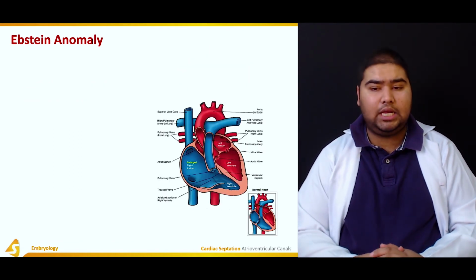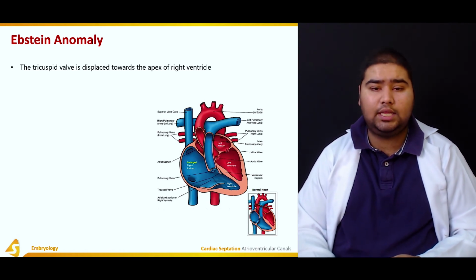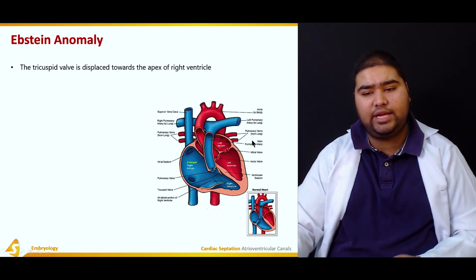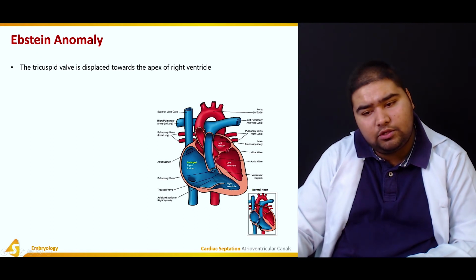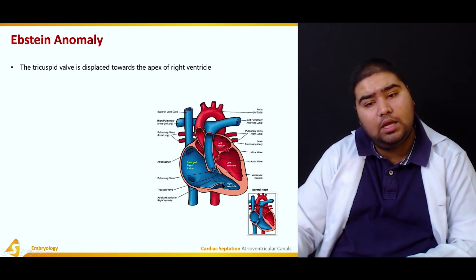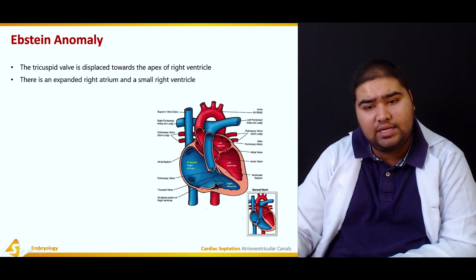So, Ebstein anomaly. Ebstein anomaly is a very important condition. In this, the tricuspid valve is displaced towards the apex of the right ventricle. So here, this is the normal position of the tricuspid valve. However, in Ebstein anomaly, the tricuspid valve has been displaced towards the apex of the right ventricle. There is an expanded right atrium.